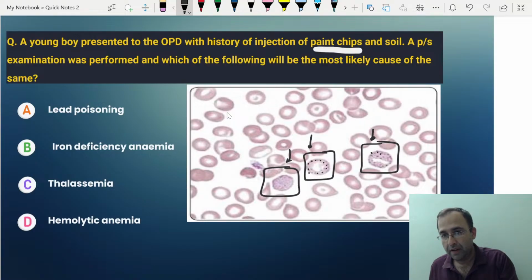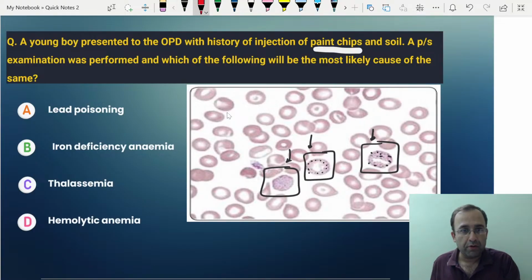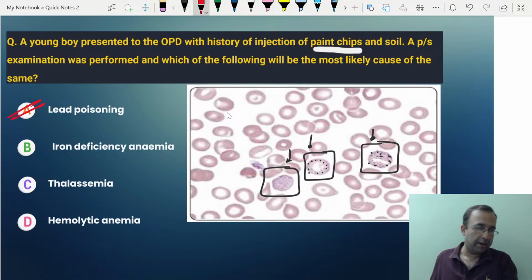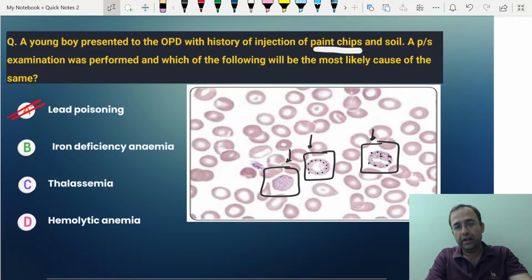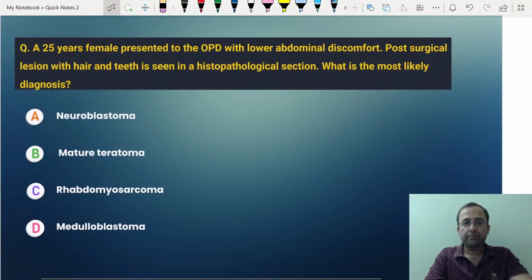The most common cause of basophilic stippling is lead poisoning. Simple. Plus there was a history of paint chips. Even if the history of paint chips had not been given, the image itself was diagnostic. That is lead poisoning, basophilic stippling.